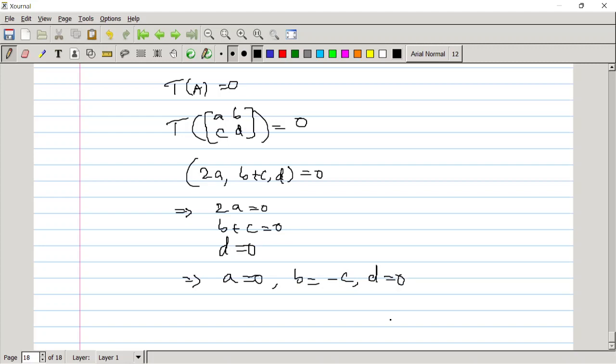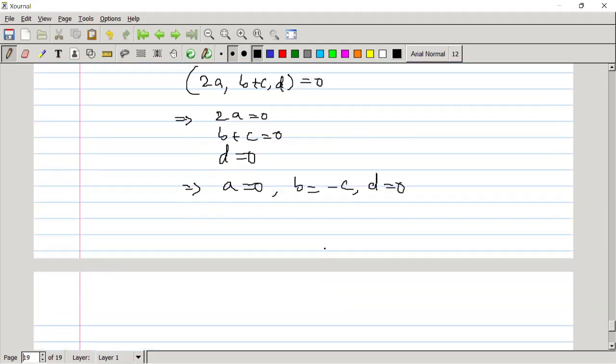So let's substitute these values in the general form of the matrix A. What we get is A equal to (0, b, minus b, 0). So that means it is nothing but b times (0, 1, minus 1, 0). So the only matrix (0, 1, minus 1, 0) generates the kernel of T.